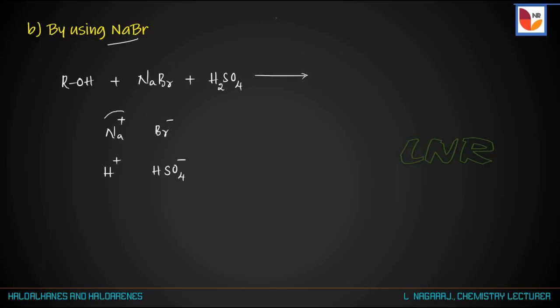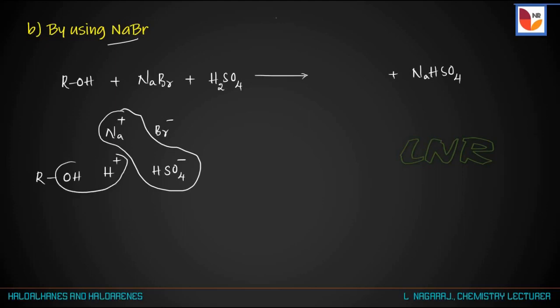That is, positive part of the NaBr combines with the negative part of the sulfuric acid, so it gives one byproduct, that is NaHSO4, sodium bisulfate. And from the alcohol, that is OH combines with the H plus, because OH has negative charge, alkyl group has positive charge. That is, OH combines with the H plus, it gives H2O, water molecule.